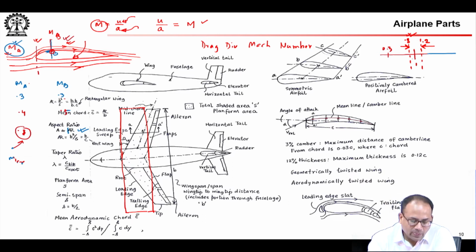If you now accelerate this wing beyond that Mach critical, right now when it is at M critical, you have reached the sonic point somewhere here for the first time. If you go beyond Mach critical, pockets of your flow have become supersonic, and you have very faint shock waves that are forming on the top surface.